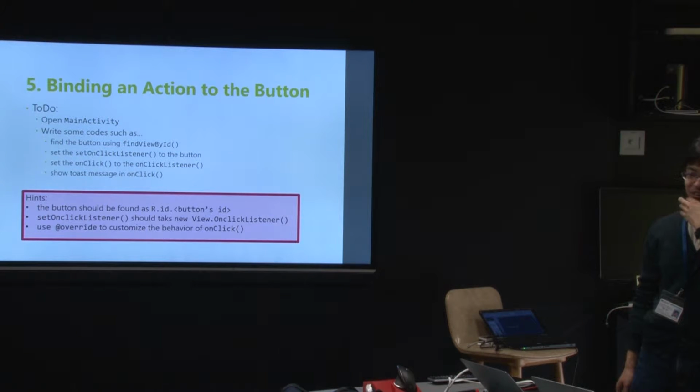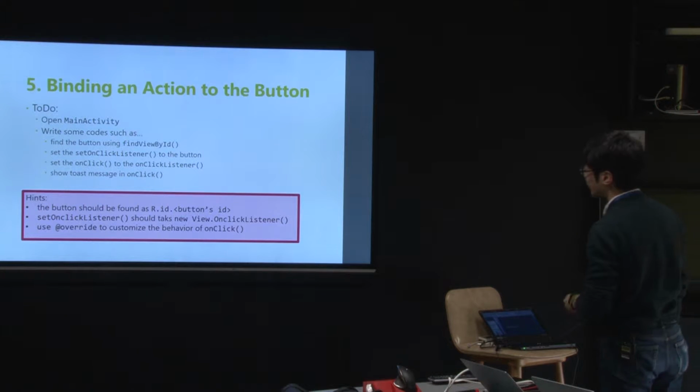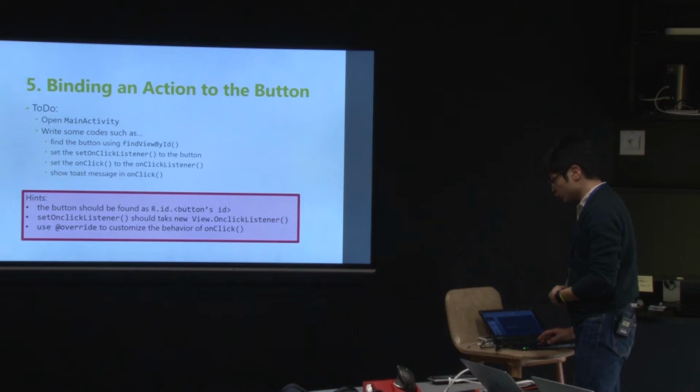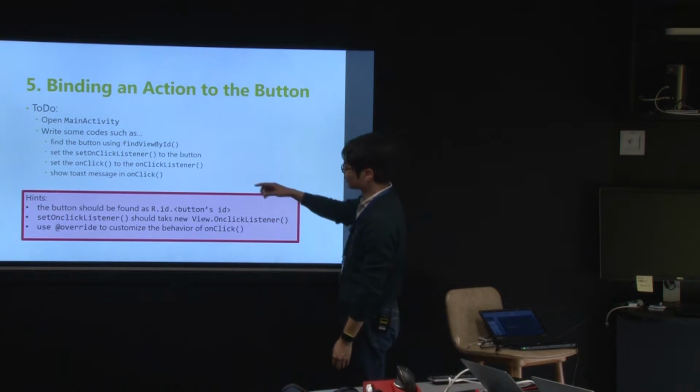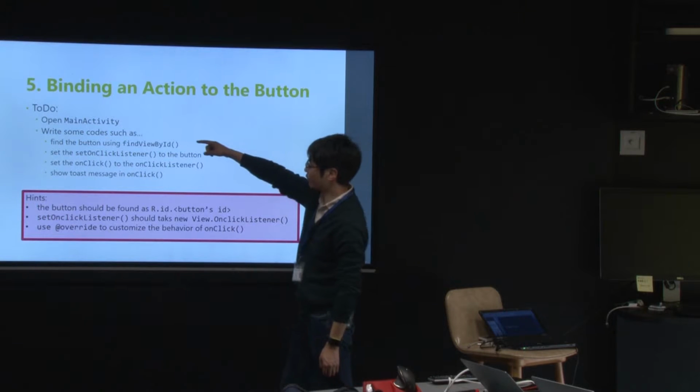You learned Java just 1 hour ago. Please make use of your knowledge. But it's a little bit difficult. We will show how to write the code for Android. But the to-do is here. Maybe this is very easy.